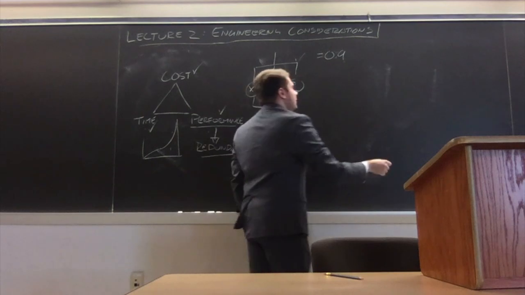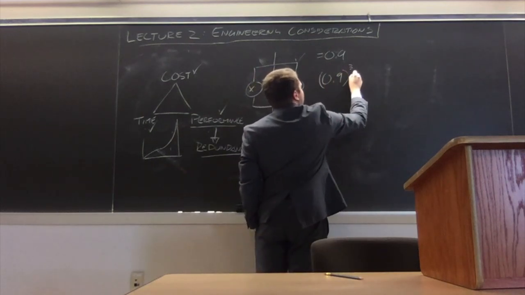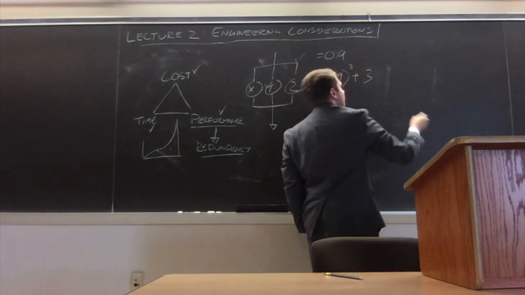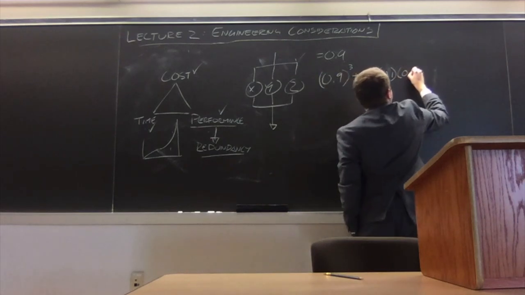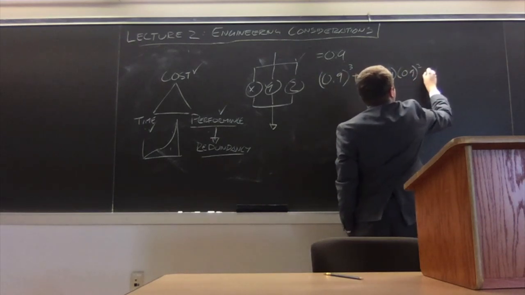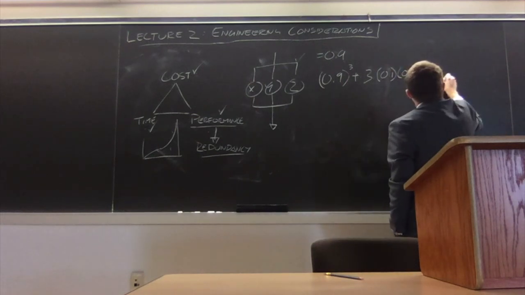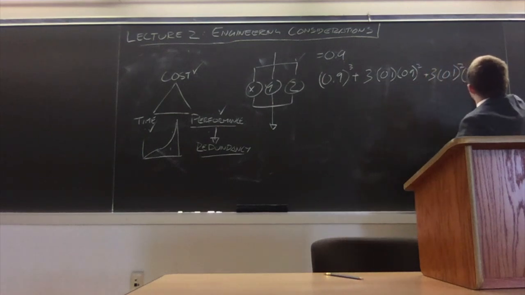So the probability that all 3 nodes work is thus 0.9 cubed, plus the probability that 2 nodes work, which is 3, because it can happen in 3 different ways, times 0.1 times 0.9 squared, plus the final term in our equation that 2 nodes fail, 3 times 0.1 squared times 0.9.